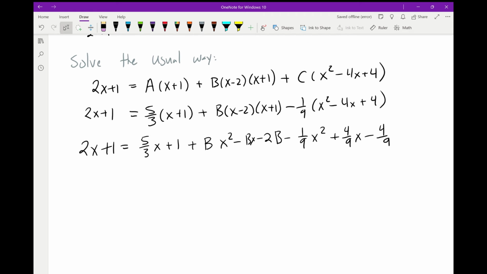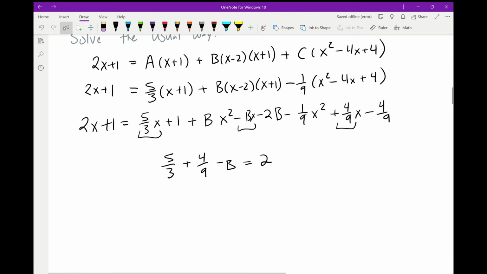That means every single one of their terms should match. So all of the constant terms on this side should add up to 1, because that's the constant term over here. All the degree 1 terms should add up to 2, because that's what we have over here. So our degree 1 terms here are 5/3 x, negative Bx, and 4/9 x. So we get that 5/3 plus 4/9 minus B equals 2.